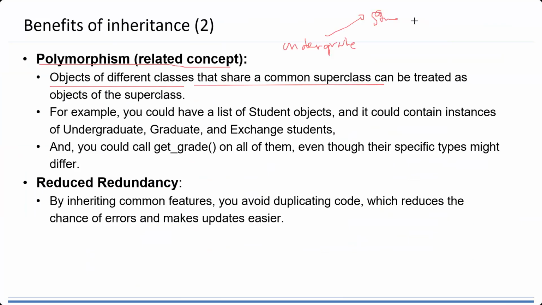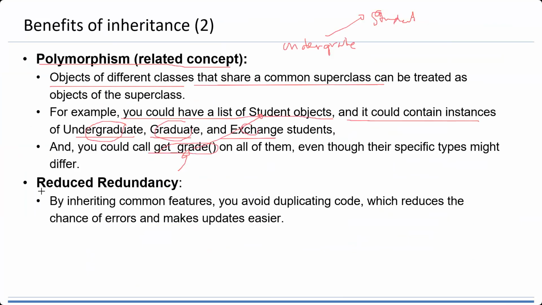Okay, so this is the polymorphism. You could have a list of student objects. It could contain instances of undergraduate, graduate, and exchange. And you can call get grade, which is from the student class, even though the undergraduate, graduate, and exchange student classes don't have the information about get grade.